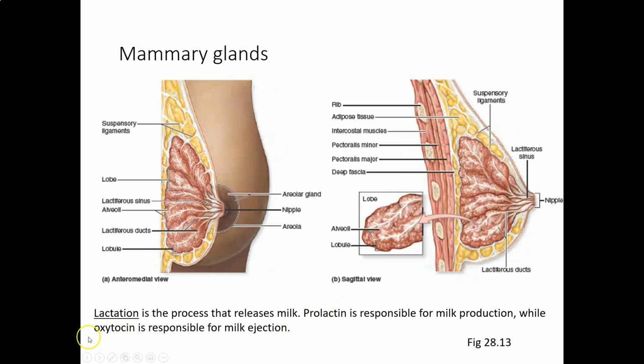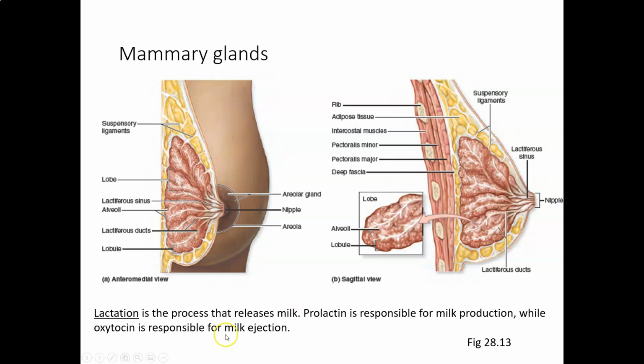Oxytocin works on the smooth muscles that line the ducts of the mammary gland, so when oxytocin is released, it is responsible for the milk ejection. Milk gets out of the mammary gland.